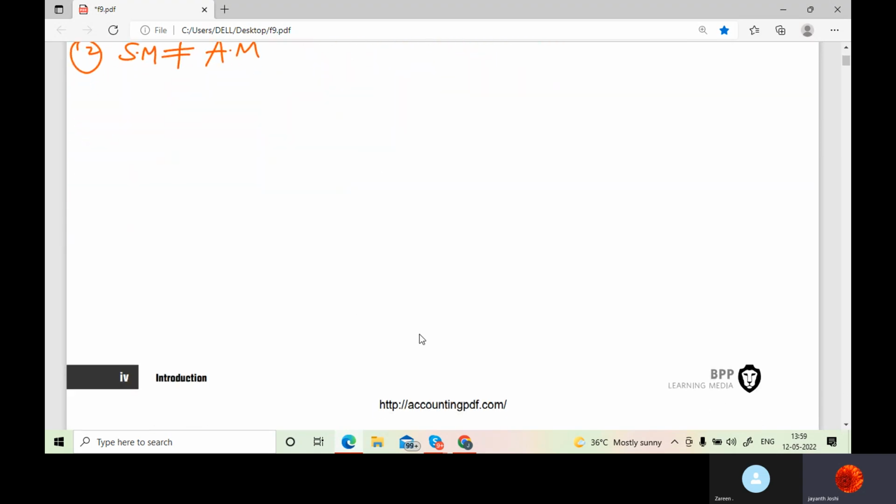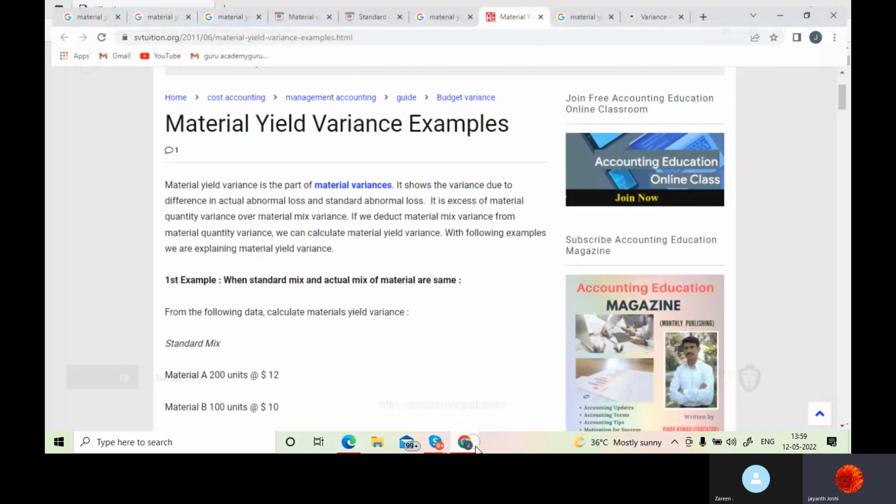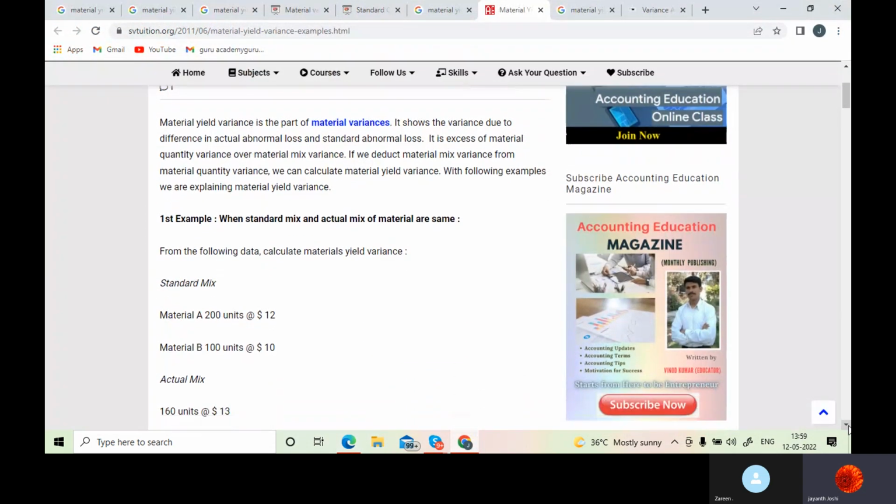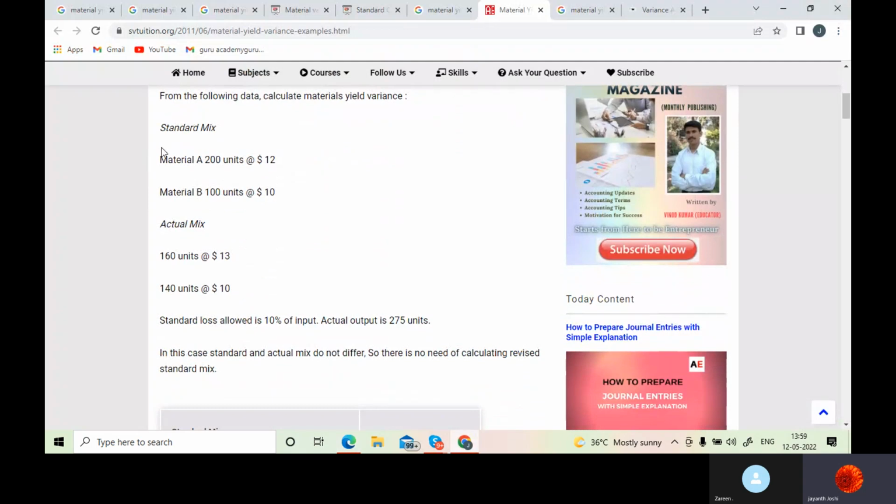It's a very easy question to do. Let's do this. So there is a question here. There's data for the standard mix: material A 200 units at the rate of 12, which is the standard we have estimated, and material B is 100 units at the rate of $10.